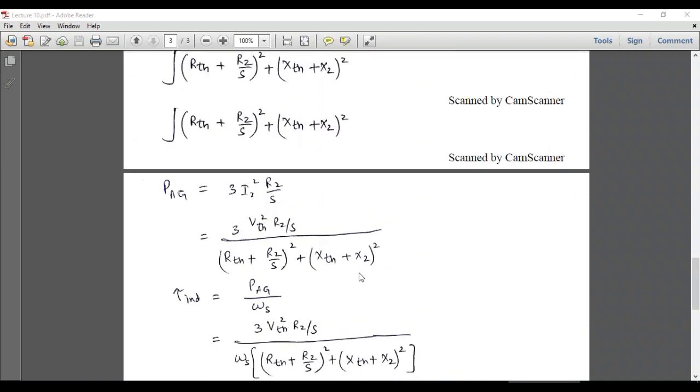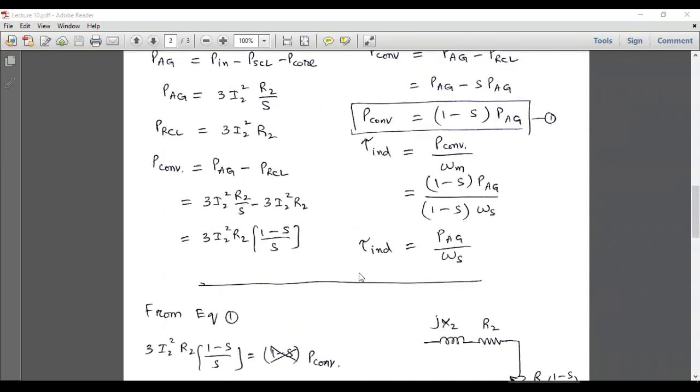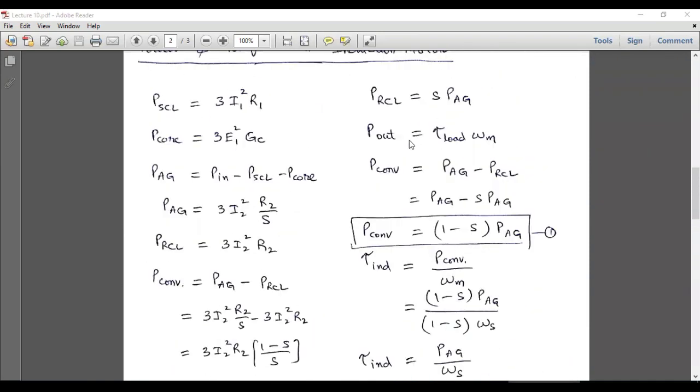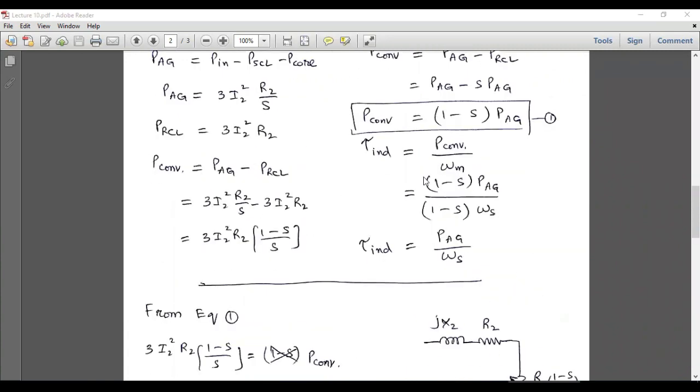So both quantities are identical, and that's why we have obtained these two expressions.